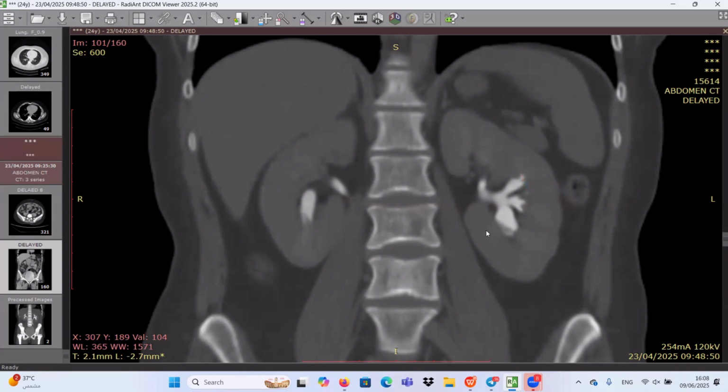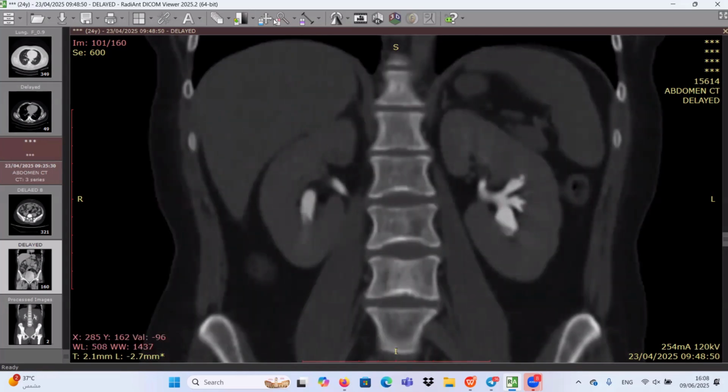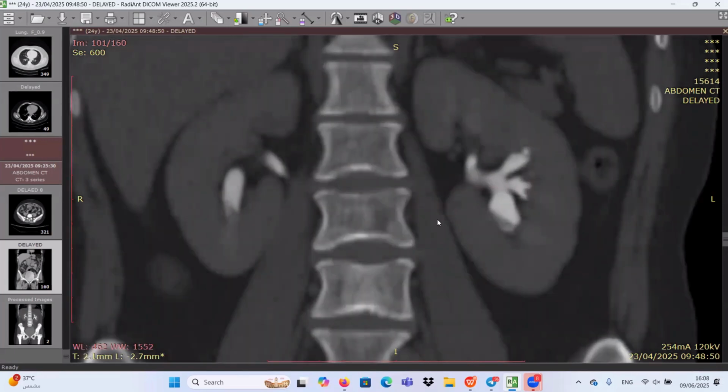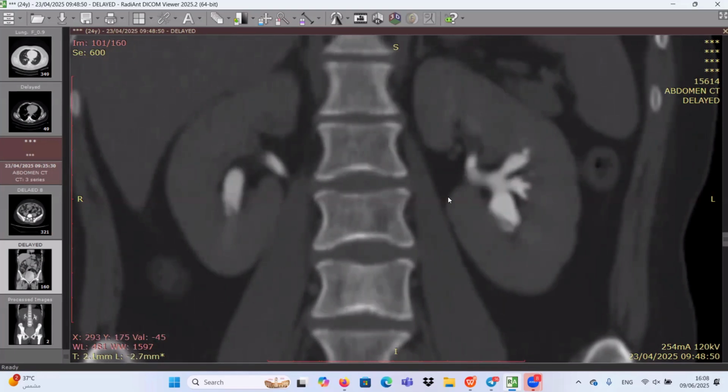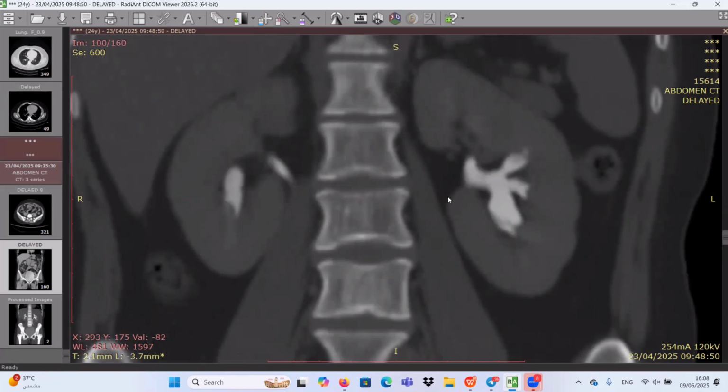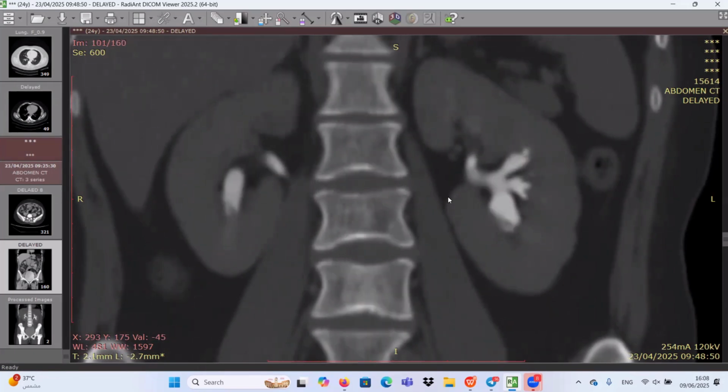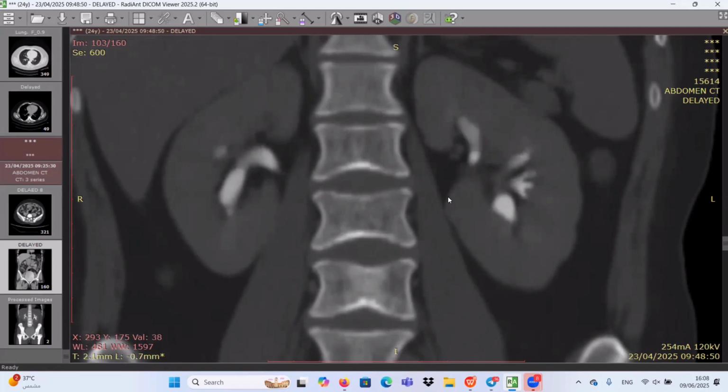Yeah, cyst-like. This contrast collection inside the medulla, very near to the calyx. And also I think we have some blush or striation or streaks of contrast media beside the calyceal group.